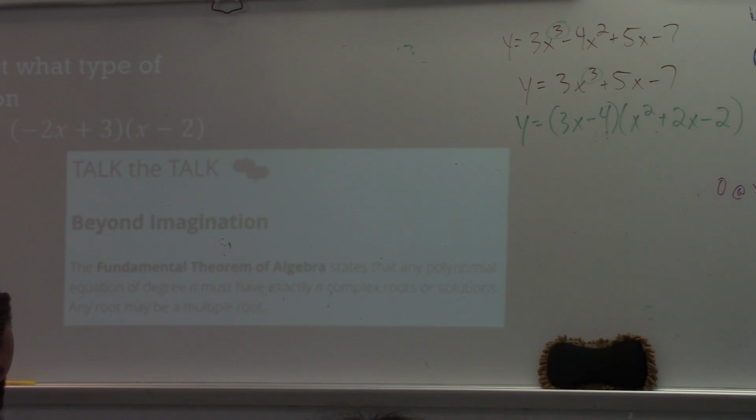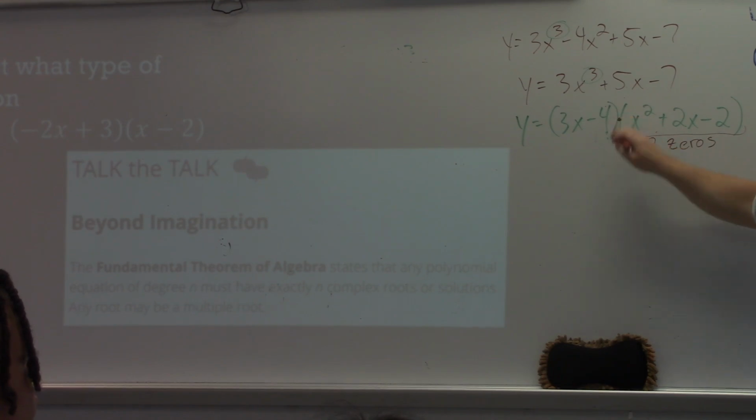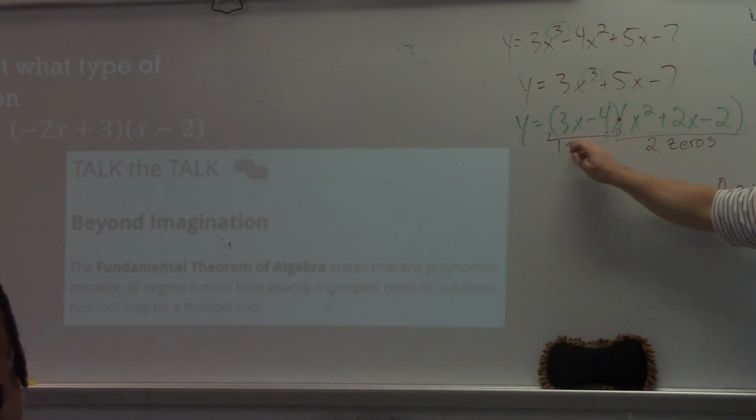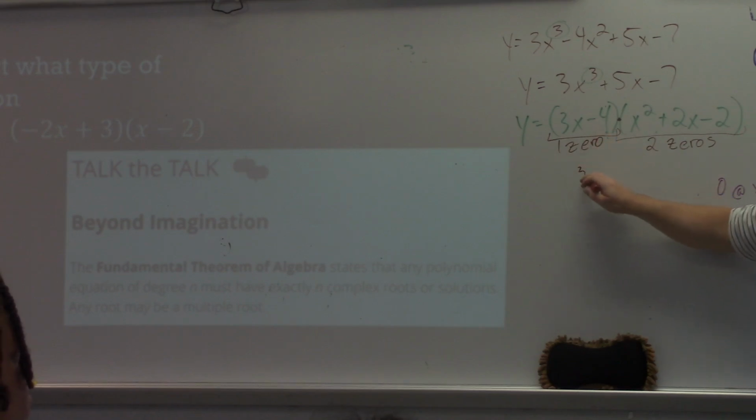No. When I look at this, we need to recognize how many zeros this function would have. This function has 2 zeros, and then we are dilating. So remember, when we dilate, when we multiply, it's going to create more zeros. How many more am I making? 1. So how many total zeros? 3. So what degree? 3.